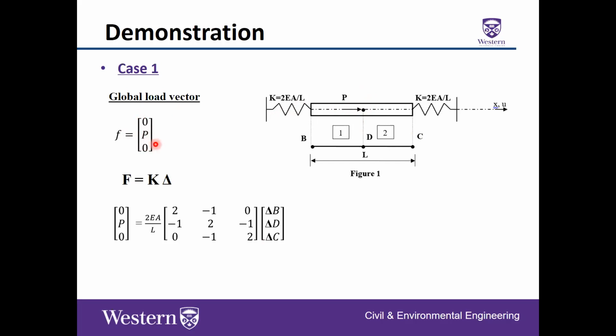So our global load vector is 0, P, and 0. And then if you would like to get the displacement, we have F equals K delta, and you just get your displacement right away. As easy as that. Any questions so far before we move into the second load case?